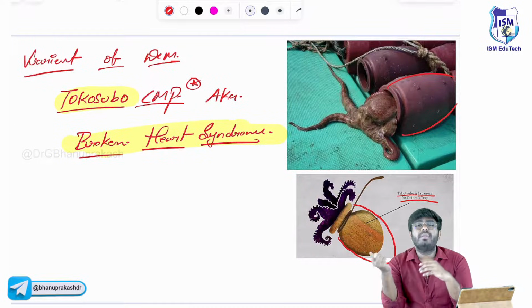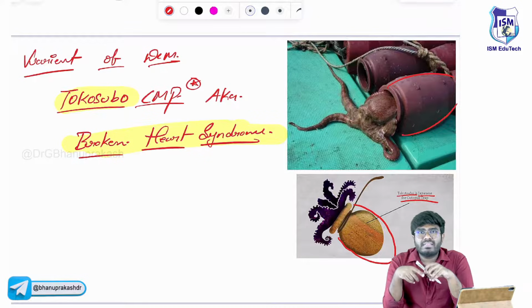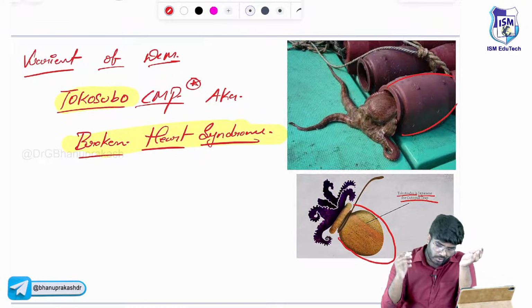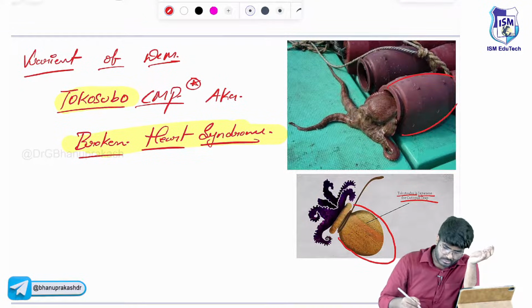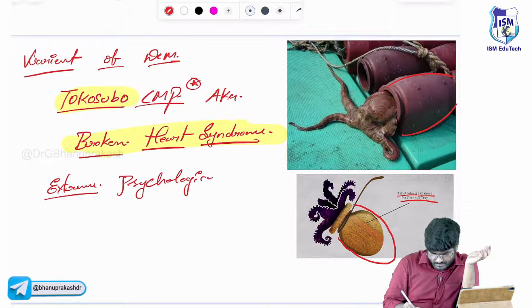They are going to have immense psychological stress. We usually see on TV channels that after hearing that her daughter or son died, the mother just fell dead. Why? Because of this broken heart syndrome, extreme psychological stress will produce catecholamines.